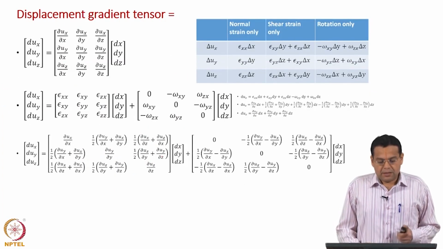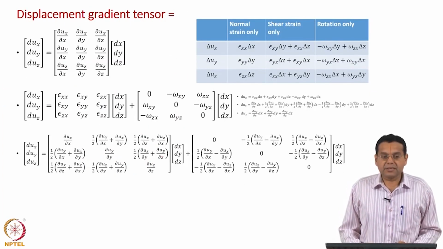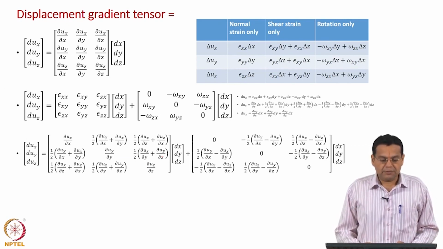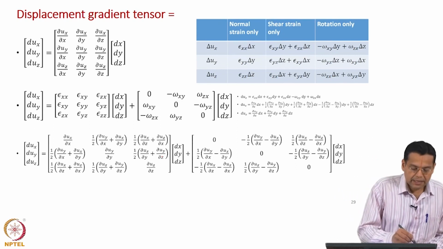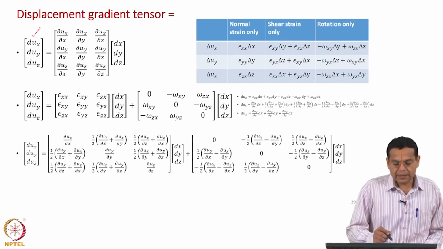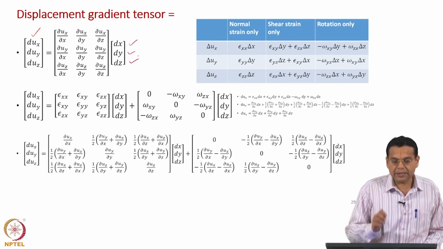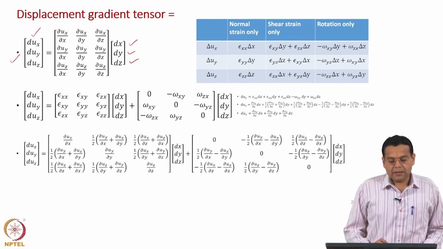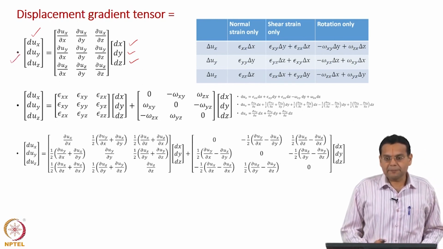This was discussed when we discussed strain under solid mechanics. What did we do? We derived a relationship between dux, duy, duz and dx, dy, dz in two ways. The first way is more mathematical, which resulted in the displacement gradient tensor.